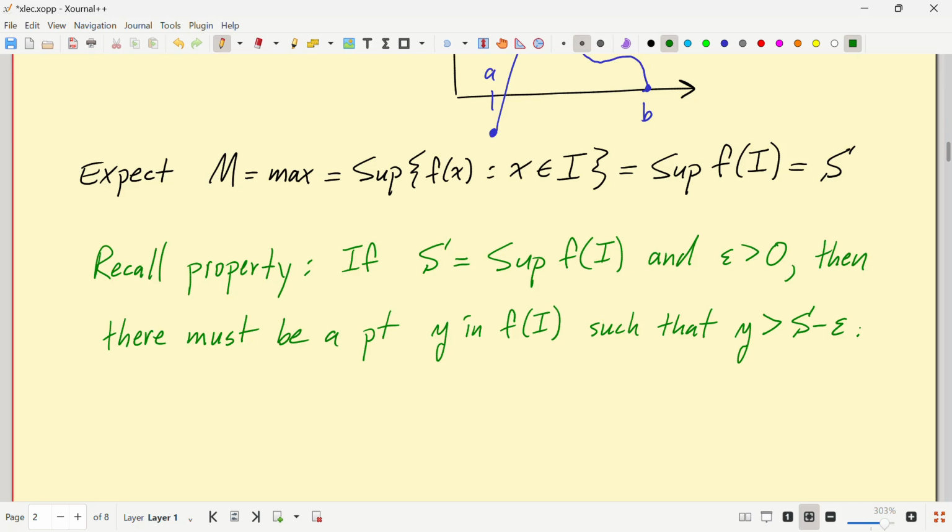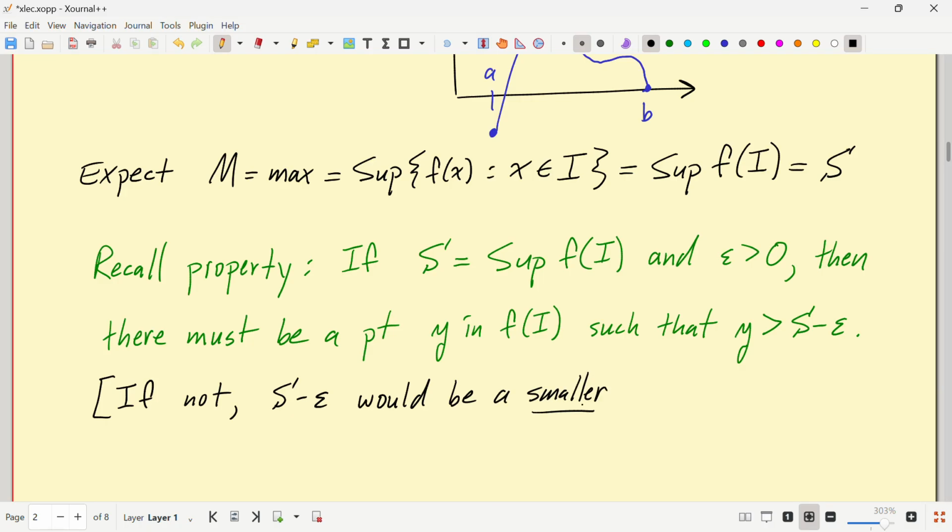This is the easy direction, because if there wasn't such a y, then S minus epsilon would be a smaller upper bound. And of course, the sup is the least upper bound. That's a contradiction. So that's no biggie.